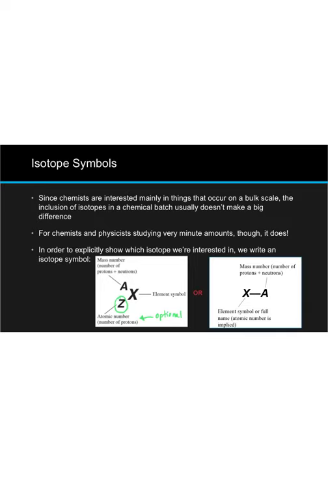An alternative to writing an isotope symbol like this is to write everything all in one line with an element symbol followed by a dash and the mass number, the number of protons and neutrons. Again, the element symbol implies the atomic number because we can just go to the periodic table and look up what our element symbol is.